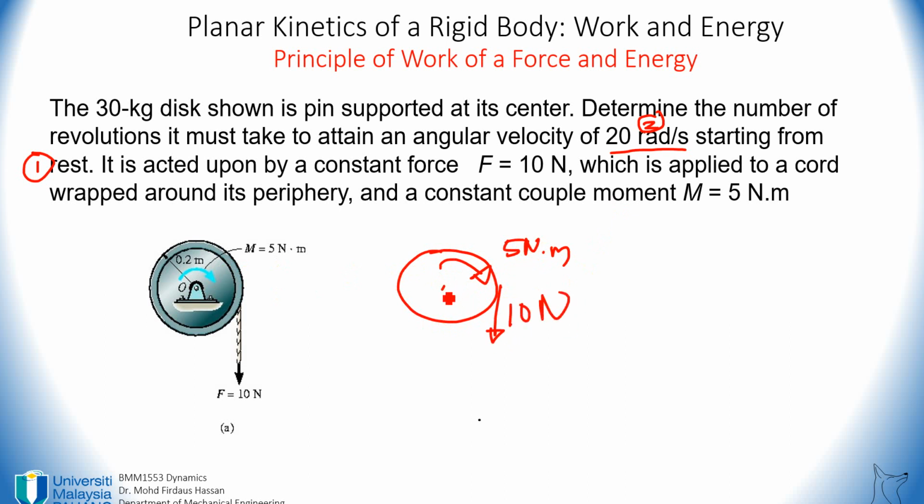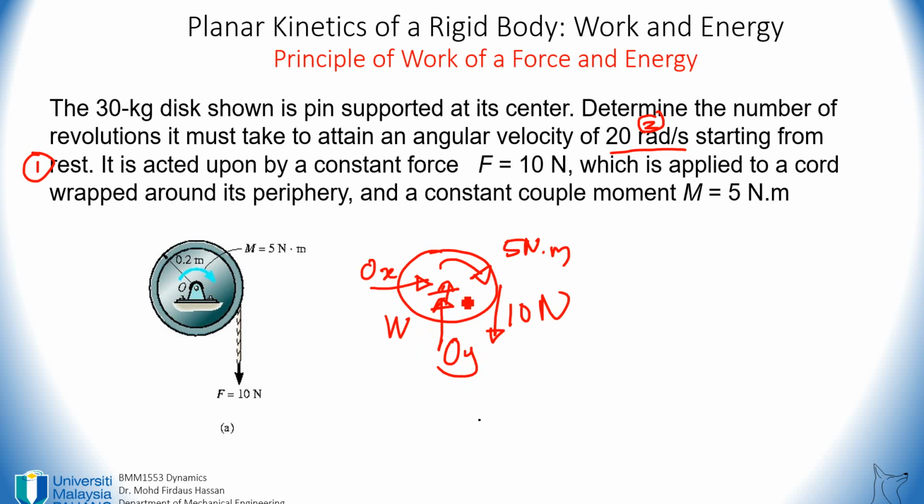Also, since there is a pin in the middle, we have, for example, Oy and Ox. These are the forces acting on this rigid body. And then you have the weight, downward.